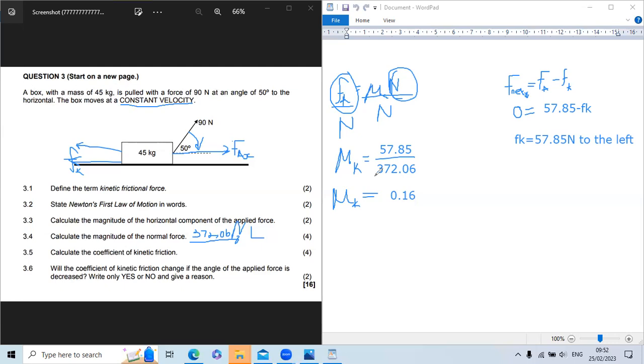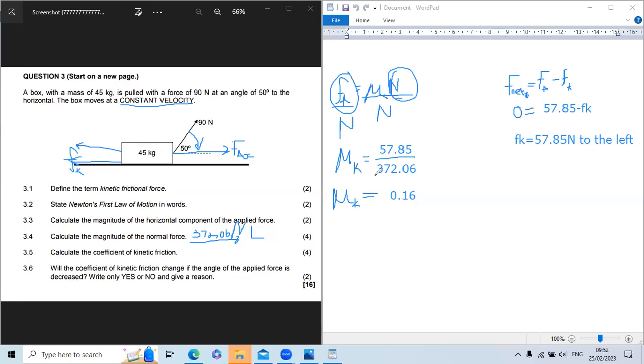for the coefficient of kinetic friction to change, you have to change the surface at which the object is moving on. So the coefficient is independent of the forces. It's dependent on the surface that the object is moving on. So I think that's a better reason.